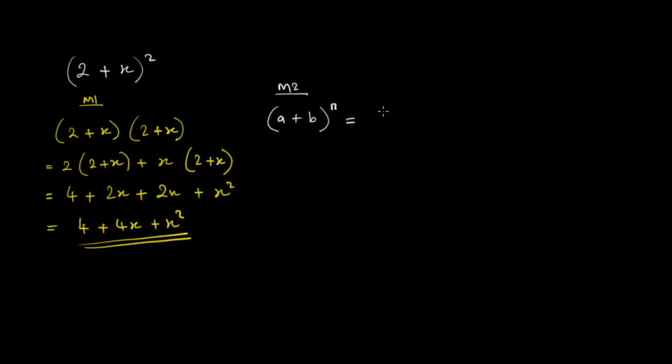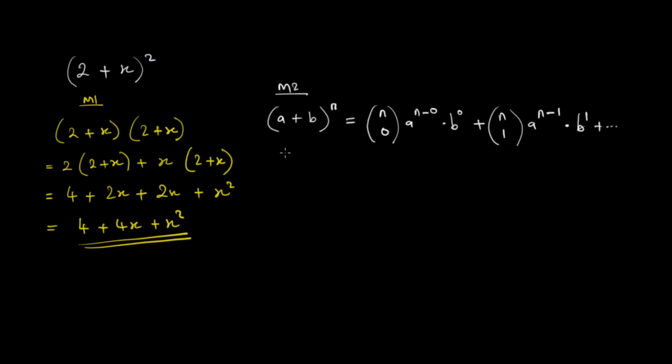So here n choose 0 is where we start, a to the n minus 0 times b to the 0, plus n choose 1, a to the n minus 1 times b to the 1, and so forth.